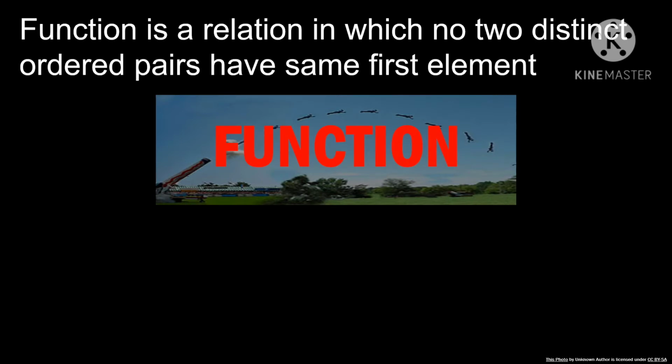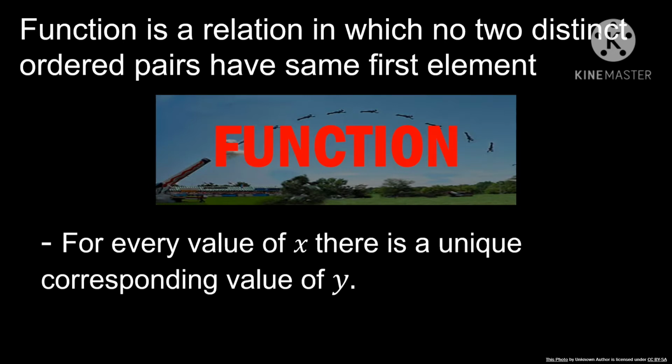In order for us to fully understand the concept of quadratic function, let us recall first what a function is. A function is a relation in which no two distinct ordered pairs have the same first element, meaning for every value of x there is a unique corresponding value of y.